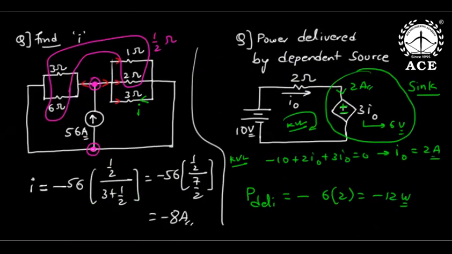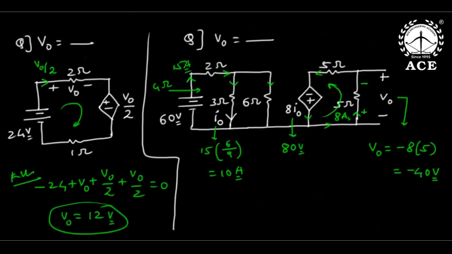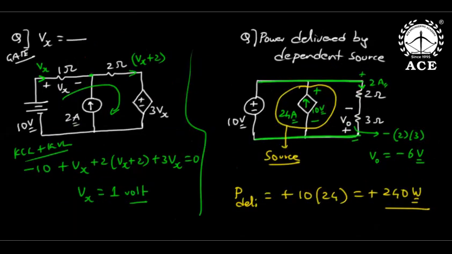Sir, here you have taken Vx plus 2 in the last branch KCL. But the current source should not be delivered to the 10 volt, it is not divided into two branches. No, we are not declaring anything yet here.